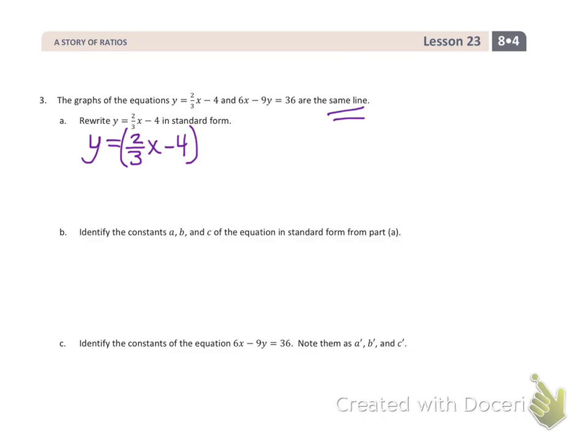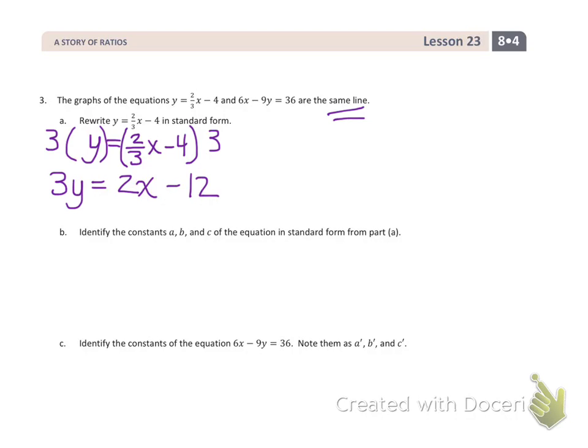So let's get rid of that fraction by multiplying both sides of this equation by 3. So I'm going to get 3y is equal to 3 times 2/3 is 2x minus 3 times 4 is 12.